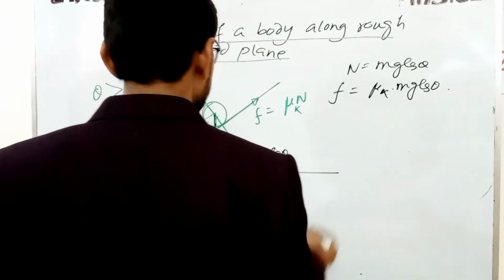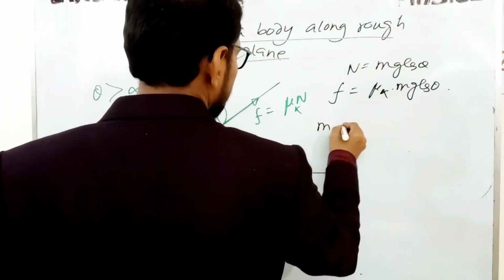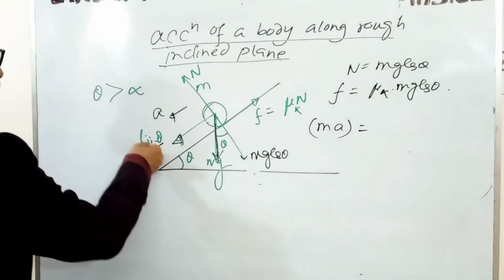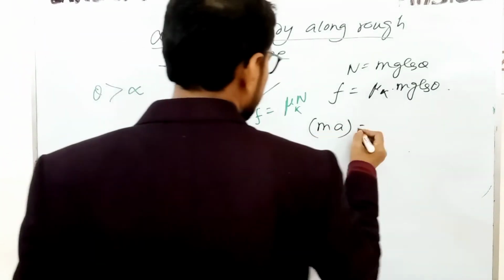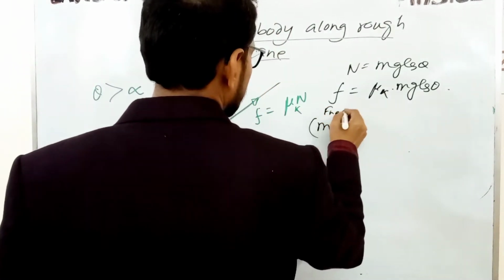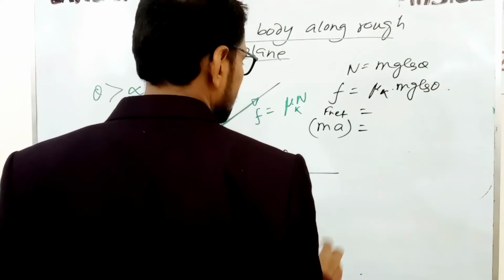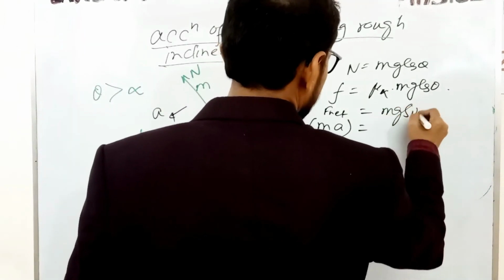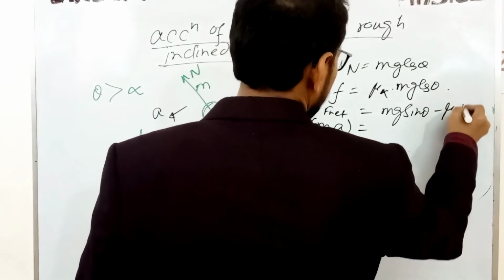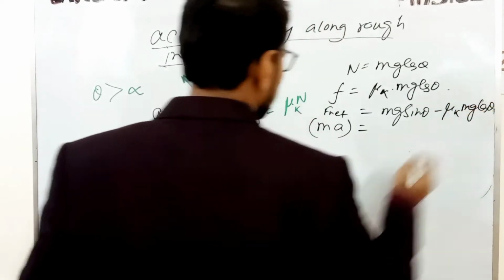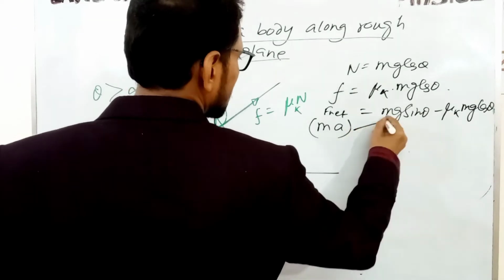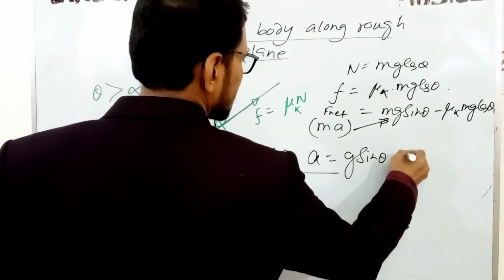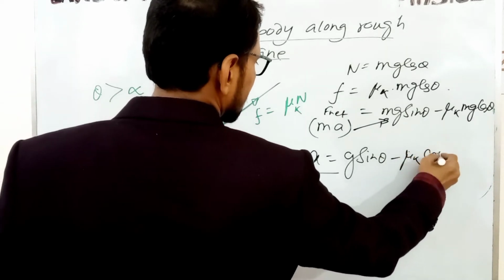Now the acceleration downward is a. The net force acting downward is this minus this. So F net equal to mass into acceleration, which is mg sin theta minus mu mg cos theta. So ma equal to this, that is a equal to g sin theta minus mu k cos theta.